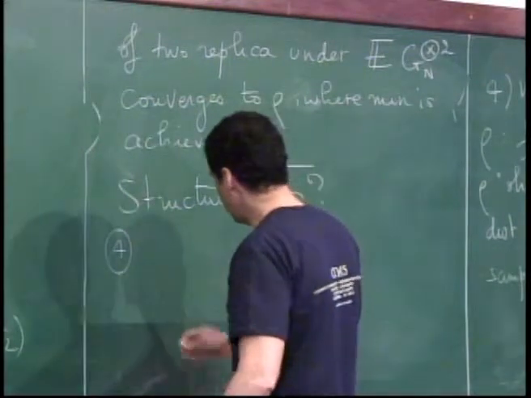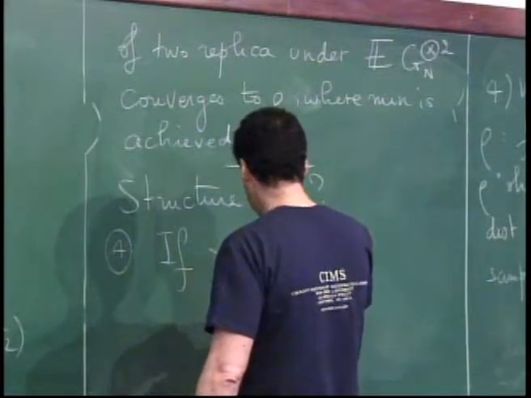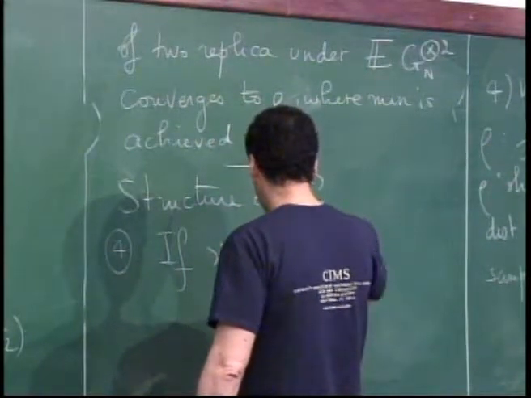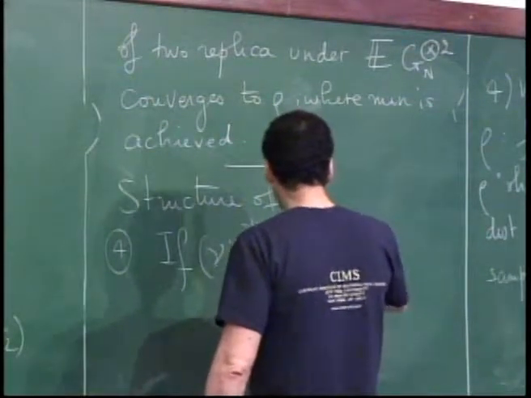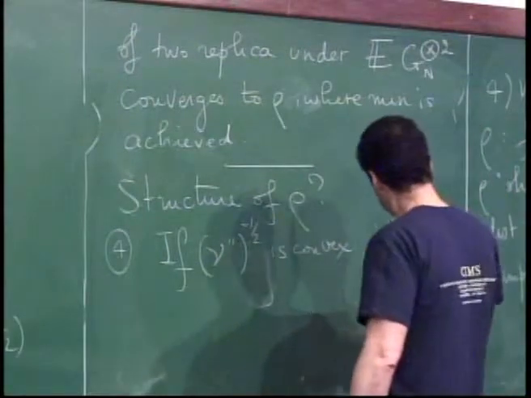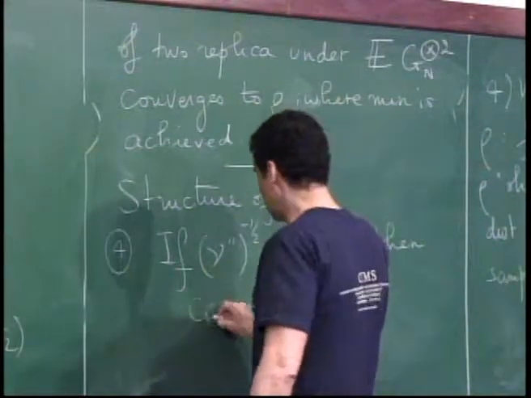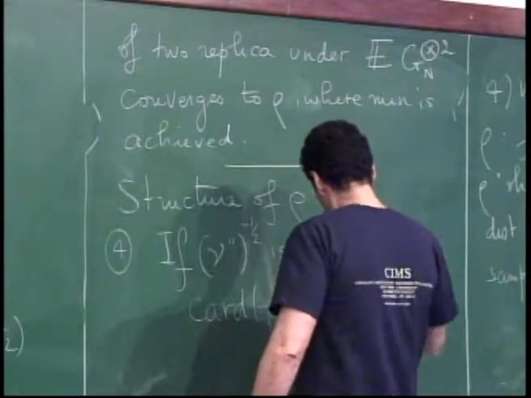So what Talagrand could prove is that if the function nu second to the power negative 1/2 is convex, which is a strange condition, then the cardinal of the support of this rho is less than 2.